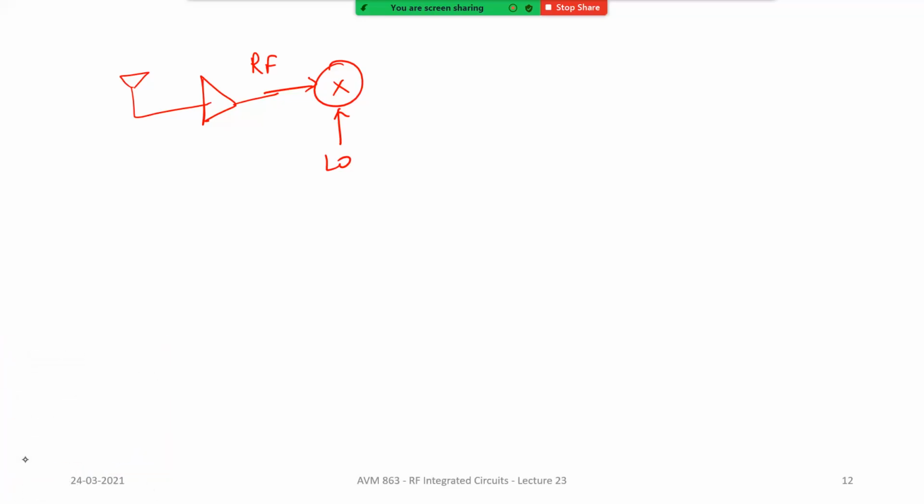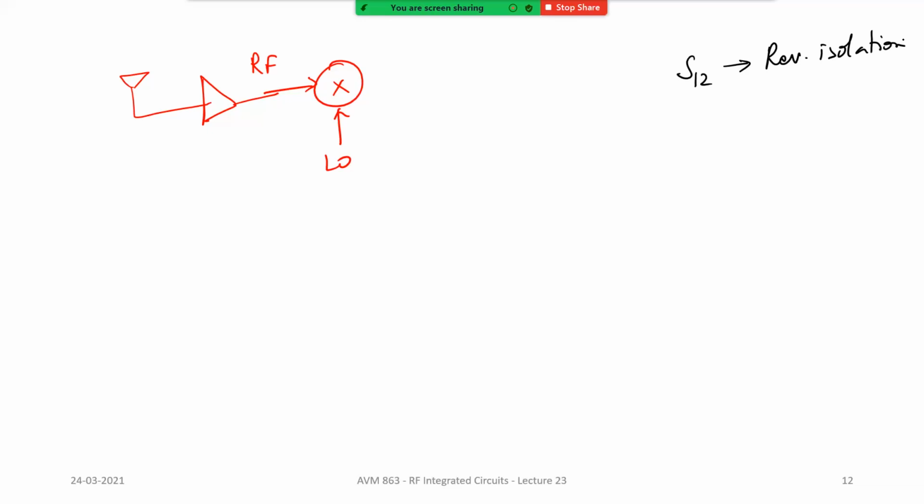You guys are all doing the design of an LNA, right? So if you do the S parameter simulation, you will look at the parameter S12. What does S12 convey? It is the reverse isolation. Usually you will have around minus 30 dB, but let's say the LO signal is really powerful, which is usually the case because LO will have a large signal swing. In the lower gigahertz range, it will usually be a square wave as well.